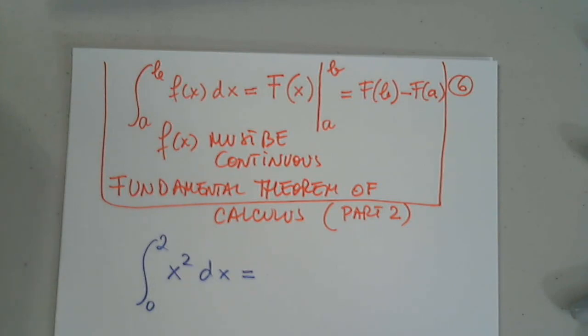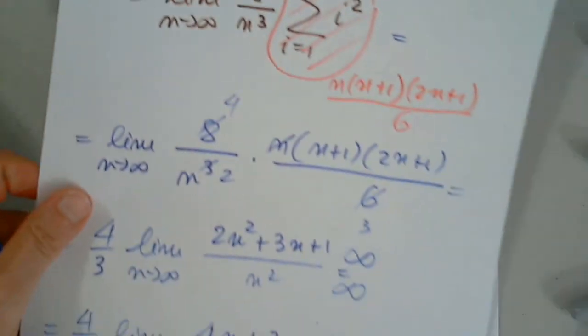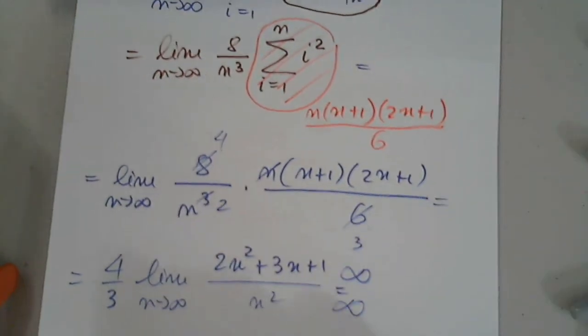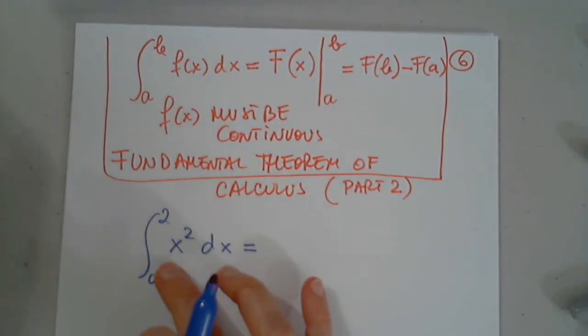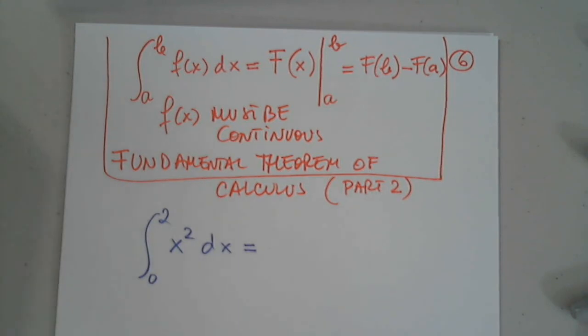And we found it exactly as 8/3 using the limit of the Riemann sum. And let's see what we get now. Can anyone give us the antiderivative of x squared? X cubed over 3. Excellent.